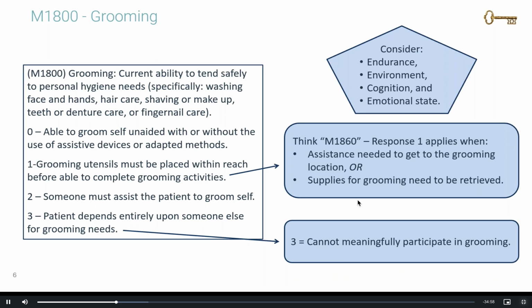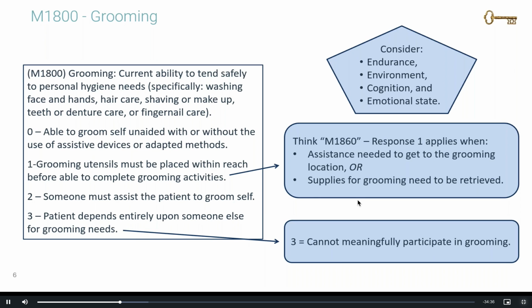Now, as we look at our responses of 0 through 3, remember with 3, whether we're looking here at grooming or we're looking at M1810 and 1820, the two dressing questions, response 3 is reserved for those people that can't meaningfully participate in the process. So they can't participate in grooming in a meaningful way. So that's going to be reserved for those folks.